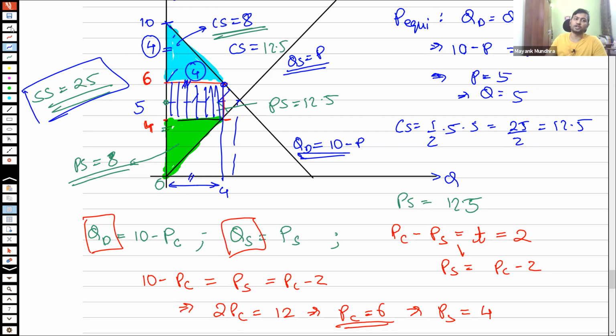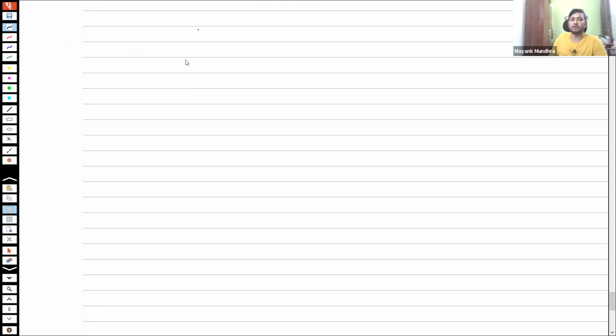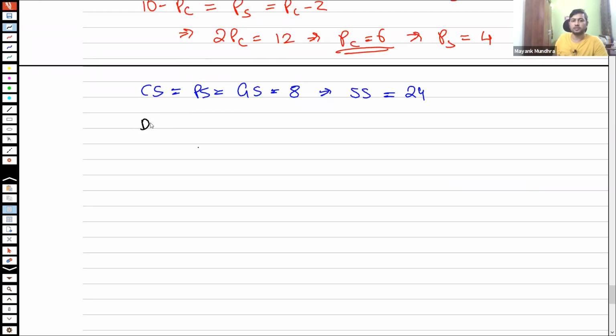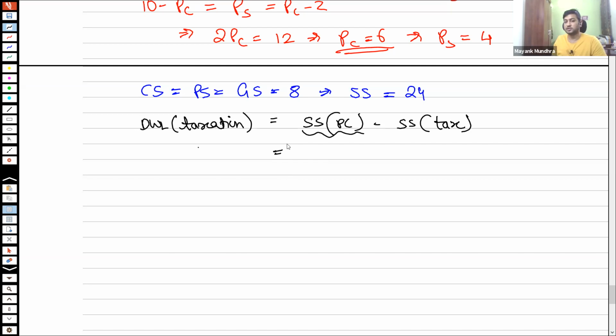So that reduction is this bit, which is your deadweight loss of taxation. So deadweight loss of taxation is equal to the social surplus with perfect competition minus the social surplus with taxes, because this is the maximum possible social surplus. So this is 25 minus 24.